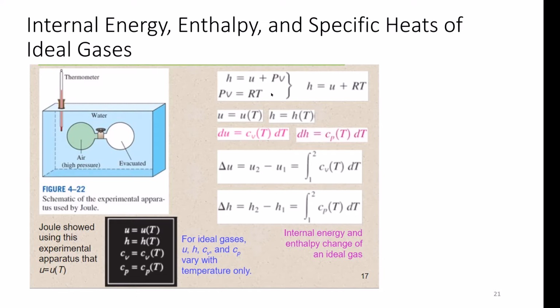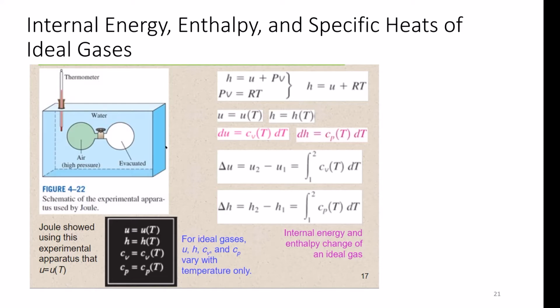Okay, using that in addition to our definition for enthalpy, the internal energy plus the pressure times our specific volume, the enthalpy is just equal to the internal energy plus the ideal gas constant times temperature.